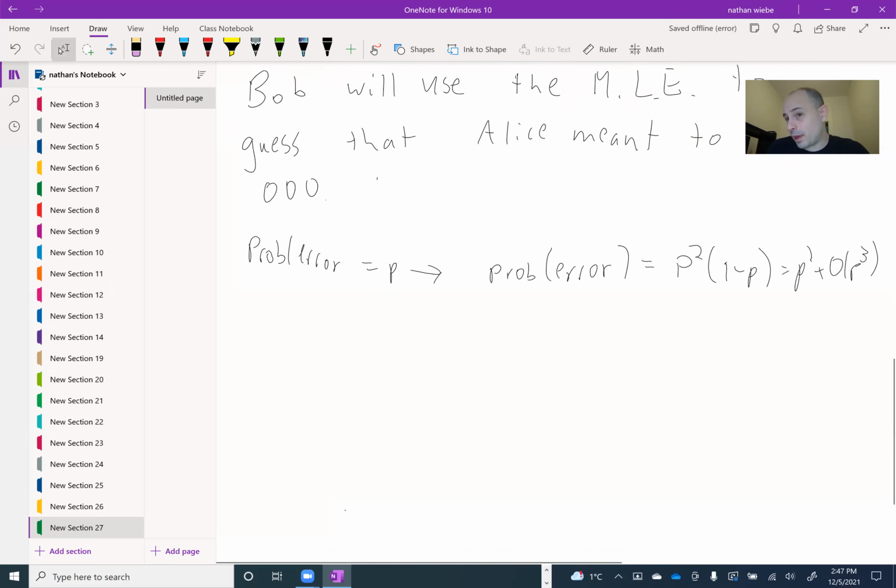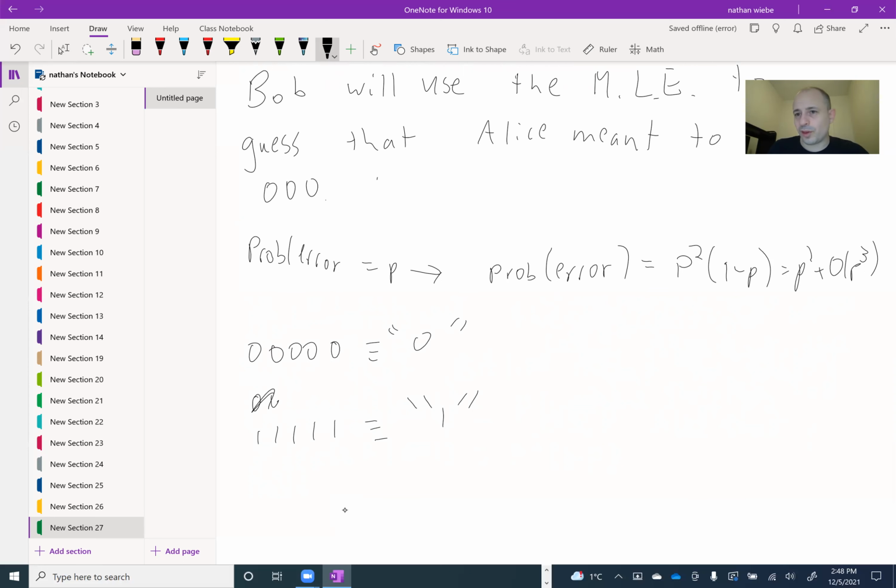And in general, we can make this error go down exponentially. And so the easiest way of seeing this is, okay, well, if we want even lower probability, we could end up using a 5-bit code. This is equivalent to 0 and 11111 is equivalent to 1.